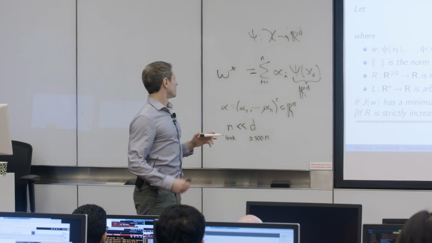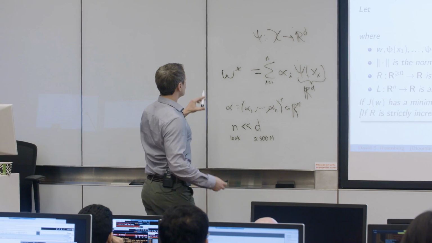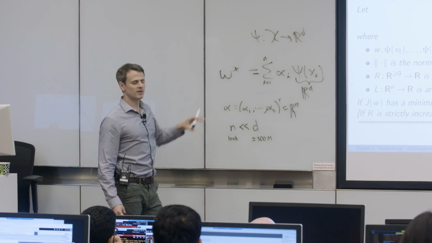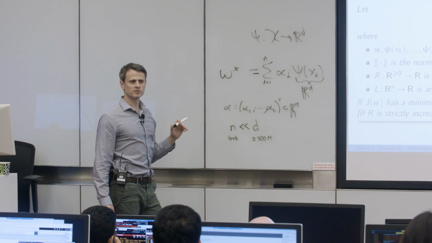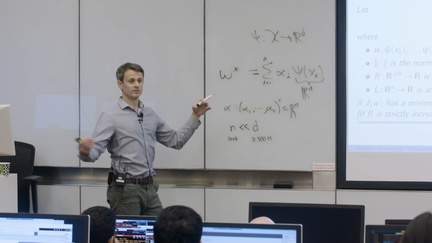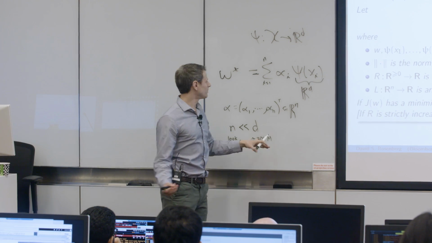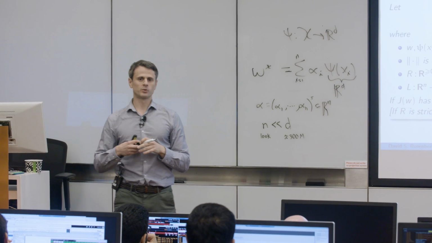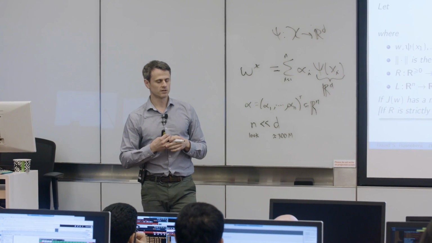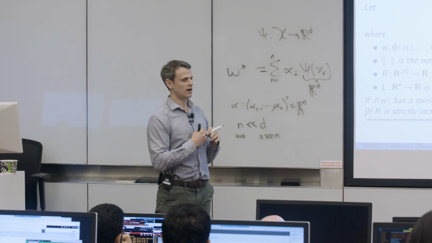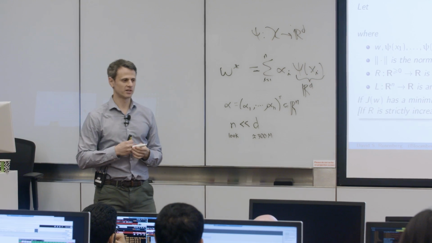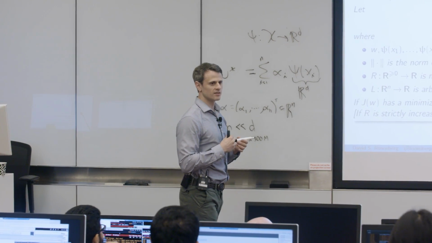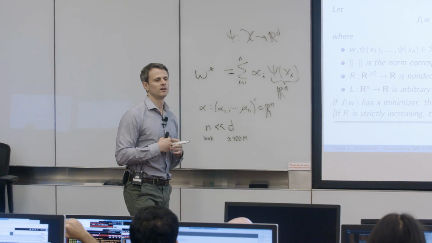All right. So we're searching for a W star. What's the dimension of W star then in this giant feature space? Giant, 300 million. So W star is huge. We're searching potentially in this massive 300 million dimensional feature space for a W, the solution to our ridge regression optimization problem, for example. But this representer theorem tells us something very interesting about W star.